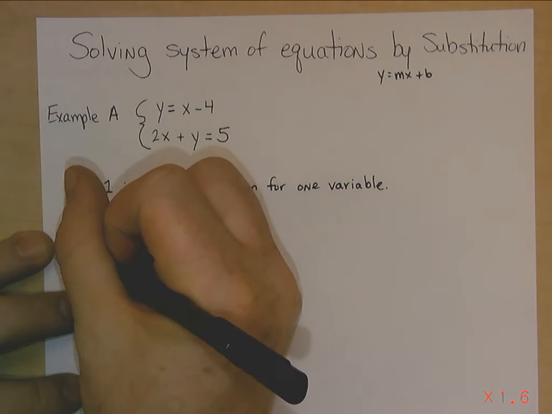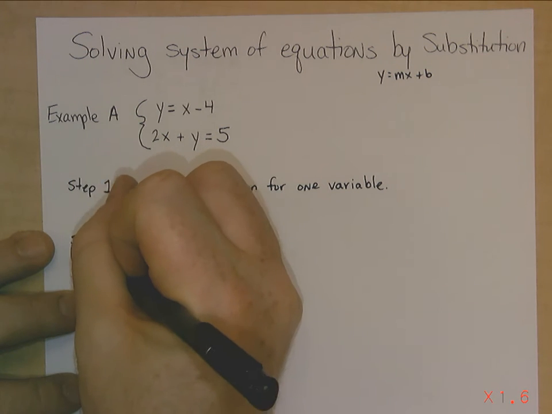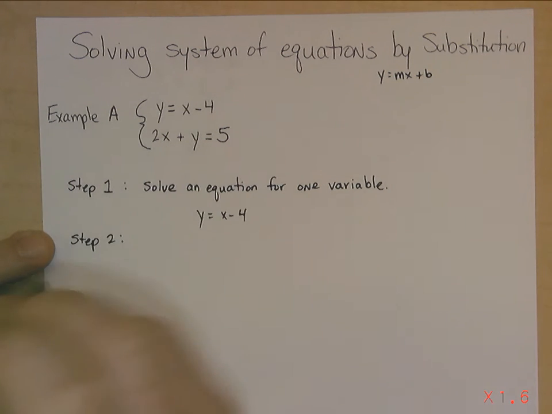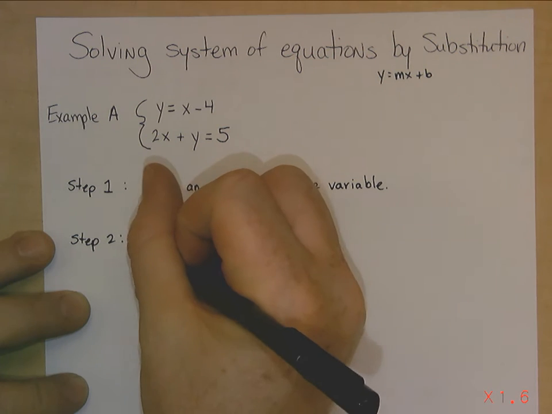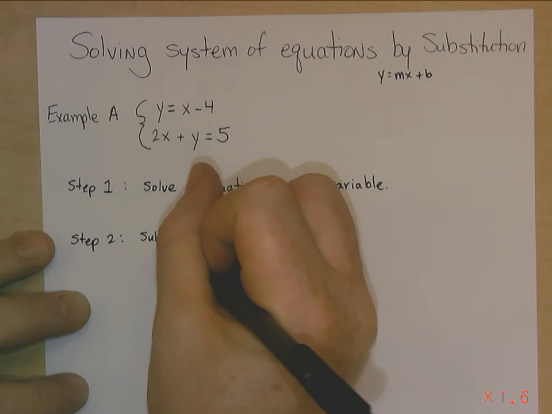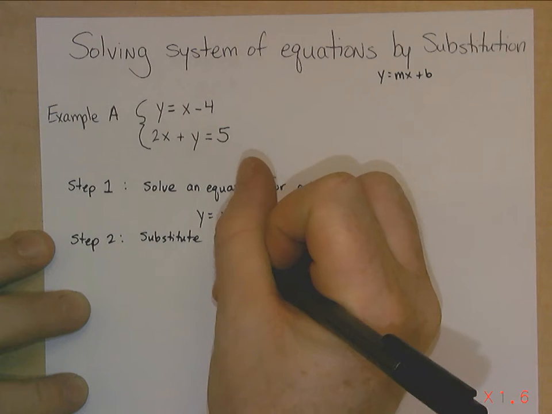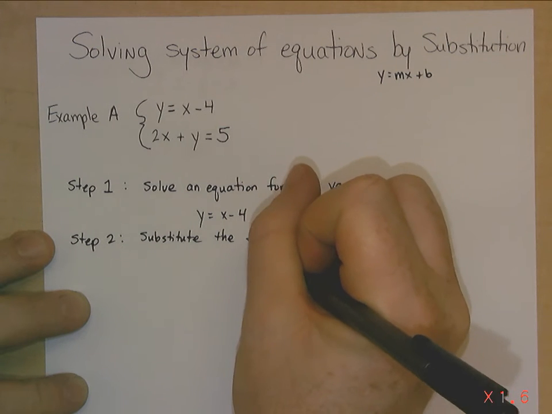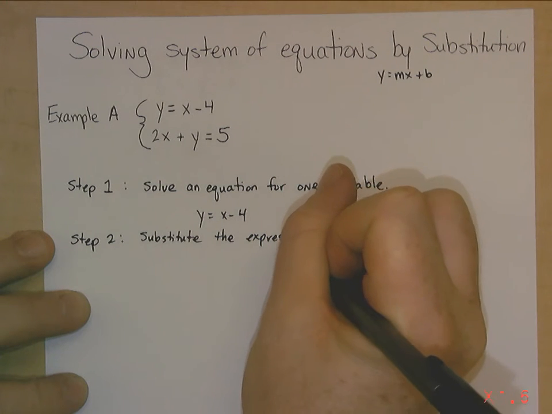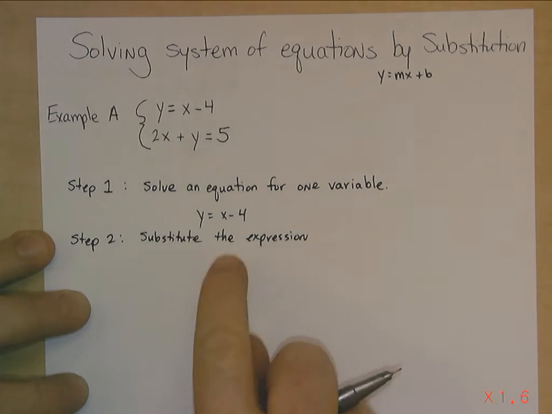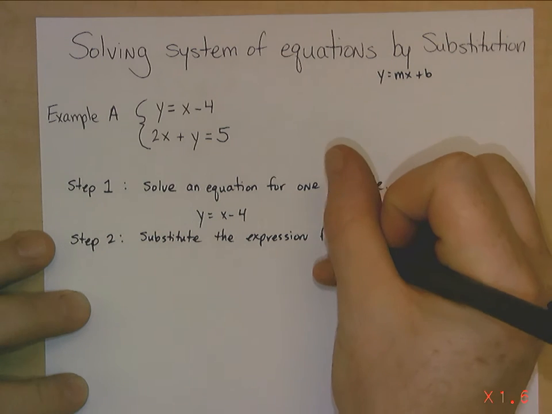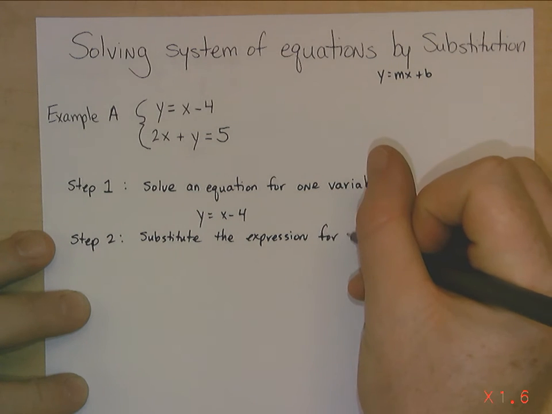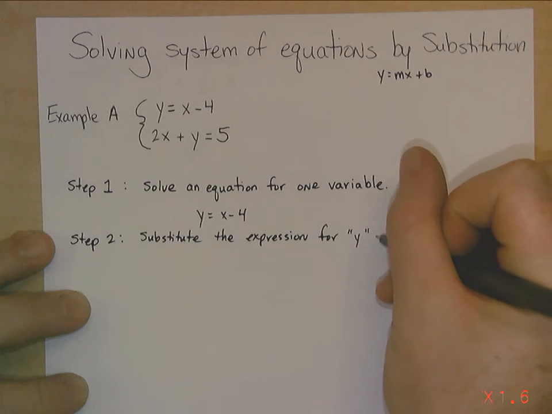Step two. Step two is we're supposed to substitute the expression, which is what that is. That's an algebraic expression for the y. I should probably put that in parentheses. Substitute it for the y in the other equation.